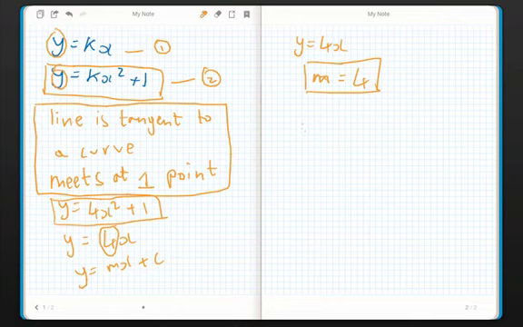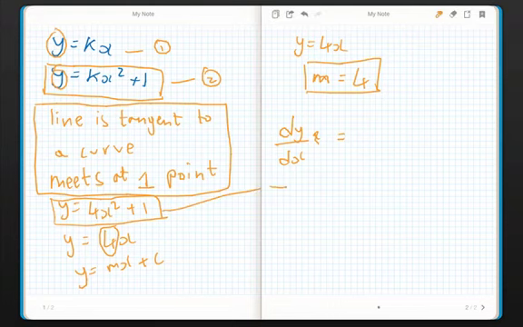So how do we find that? Well, obviously we have to differentiate the equation to get at what point, because it's a curve, the slope is equal to 4. So differentiate the curve. Differentiate dy/dx of this equation. And we get 8x + 0.